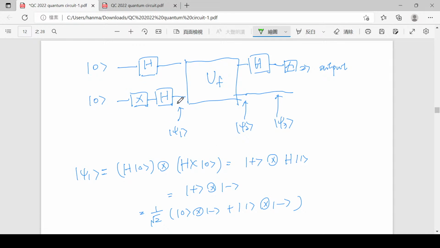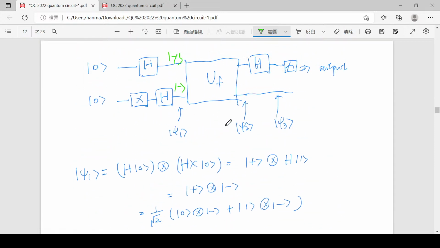And for the second register, we want to create a minus state here. You will see the reason very soon. So we first hit 0 with X, so it becomes 1. Then hit this 1 with the Hadamard, then it becomes minus. So at this point it's plus here and it's minus here. Okay, clear? Okay.